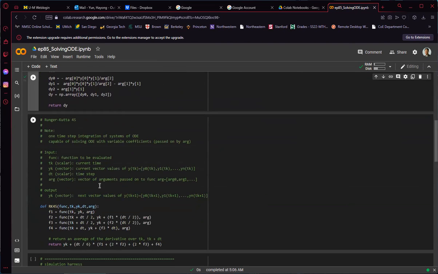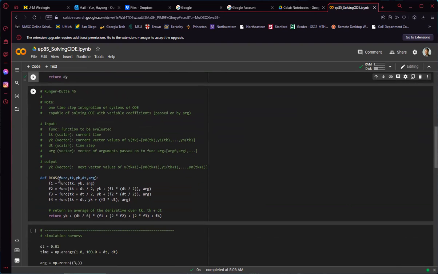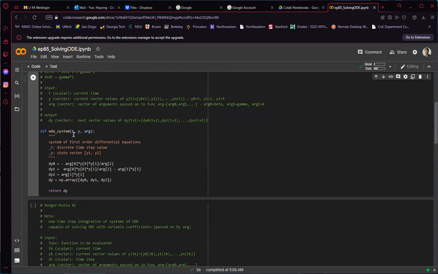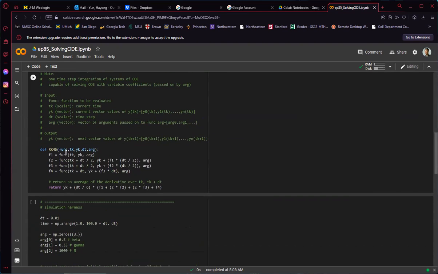Now here's the Runge-Kutta fourth order routine. We define a function here. You can just pass the function, the ordinary differential equation system here, ODE, and then the time and Y and time step and arguments.